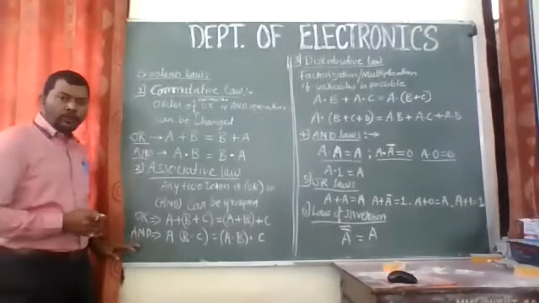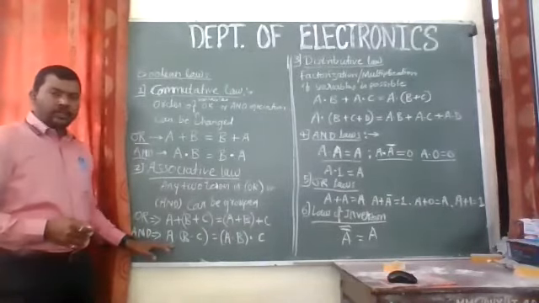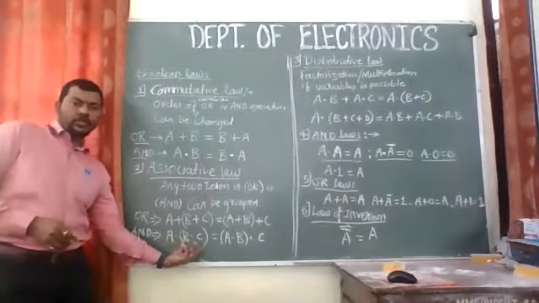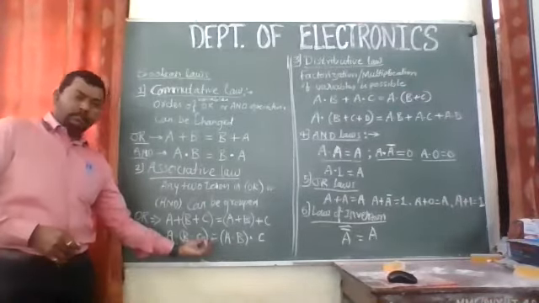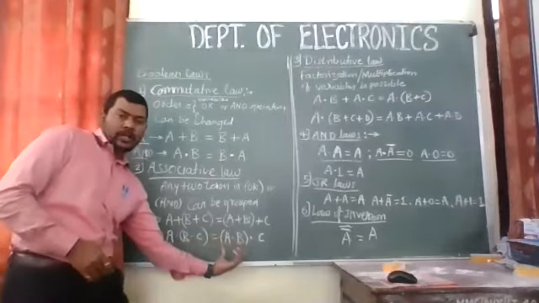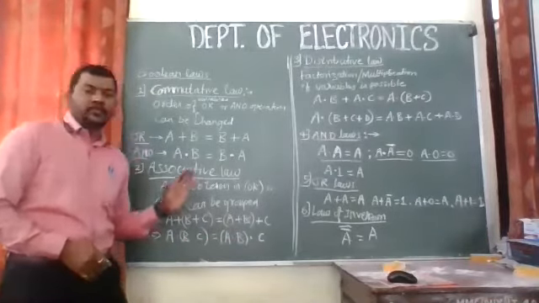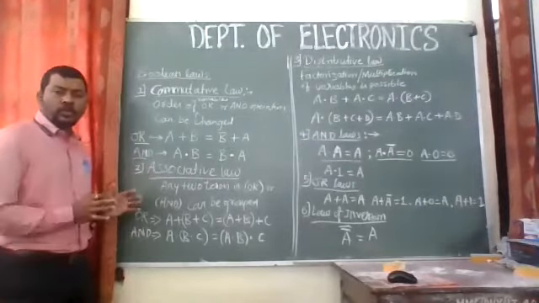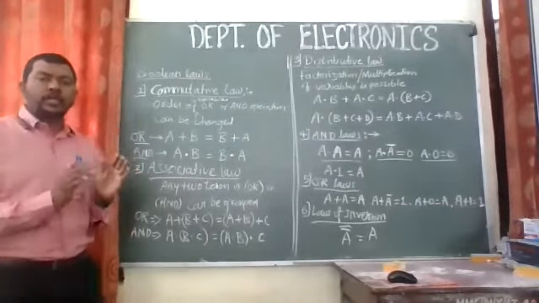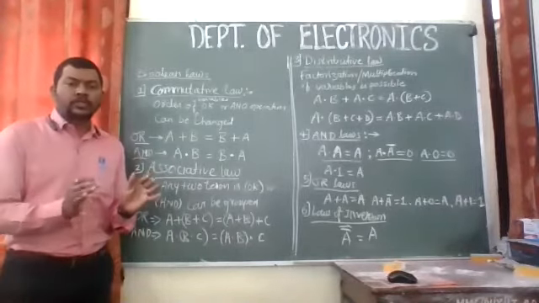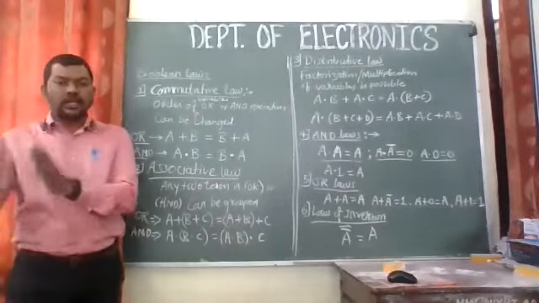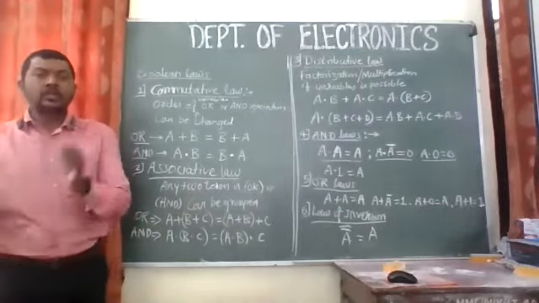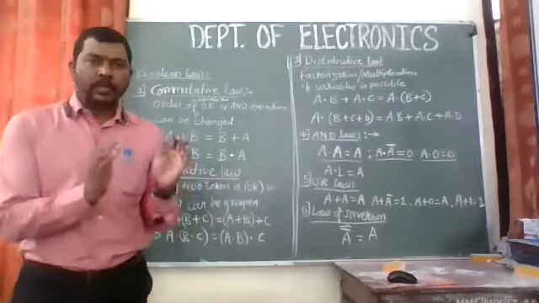In the AND operation, we are taking A dot B dot C. So B dot C is being grouped, and it can be written as A dot B grouped, dot C, right? So this is the associative law. Associative law means any two terms, any two variables in an equation, in a sum or in an AND operation, can be grouped, right?